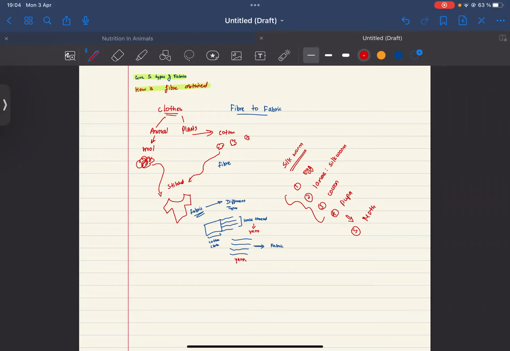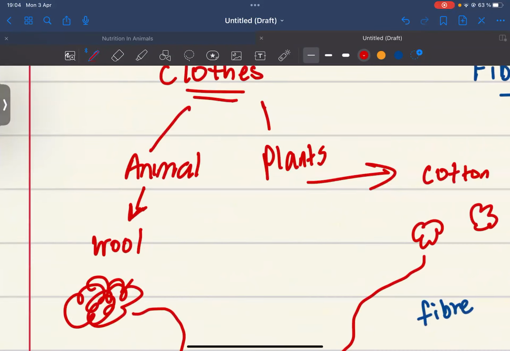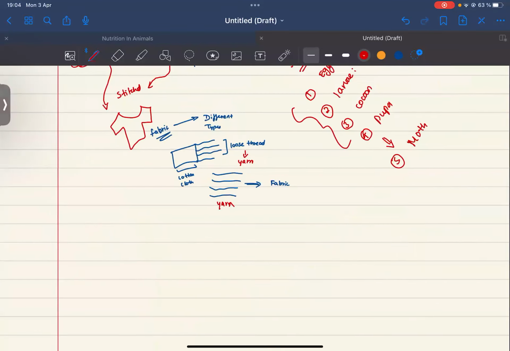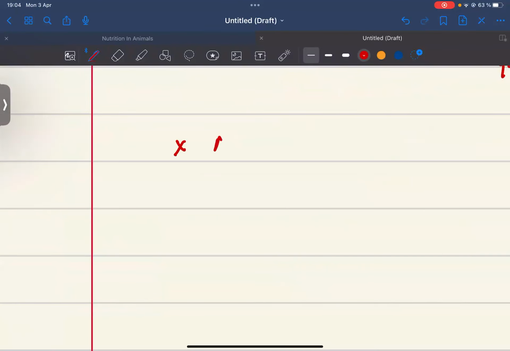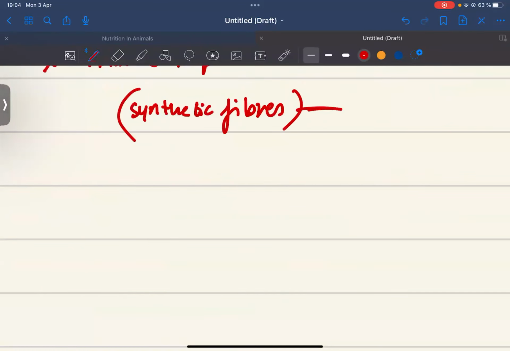The ones you get from plants and animals are known as natural fibers. The ones you do not get from animals and plants are called synthetic fibers. What are synthetic fibers obtained from? They're obtained from chemicals.